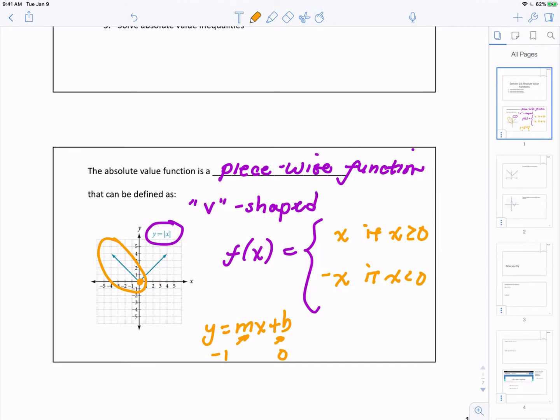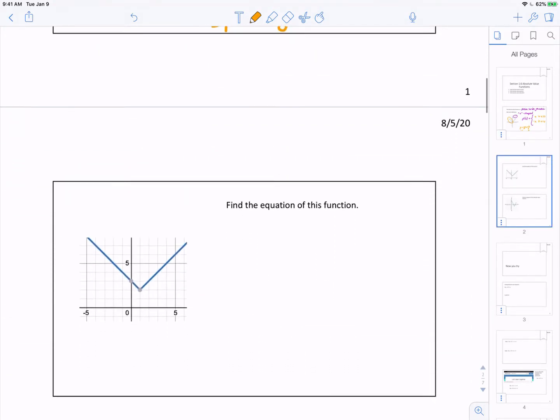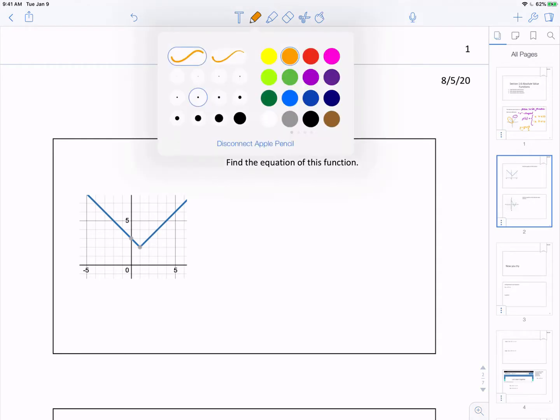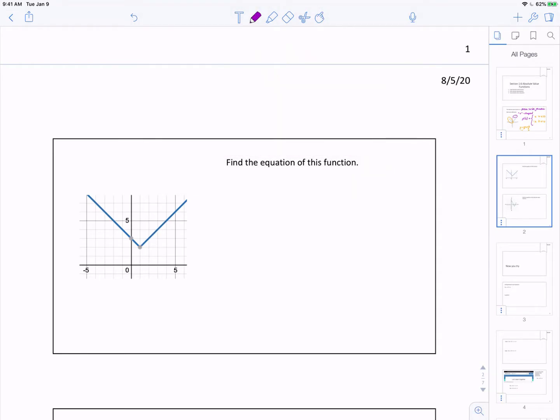Let's take a look at some variations on this graph. Let's find the equation of this function. Well, if we look at this function's graph, we notice that it's the same as the absolute value function, but what has happened to it? The vertex usually is here at 0, 0.